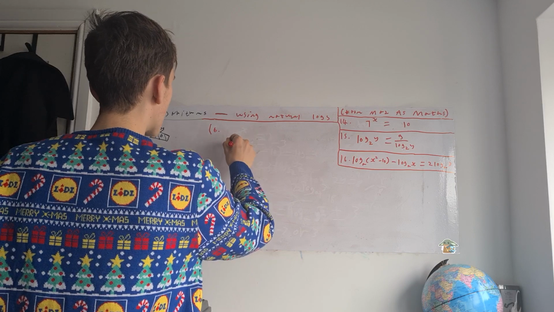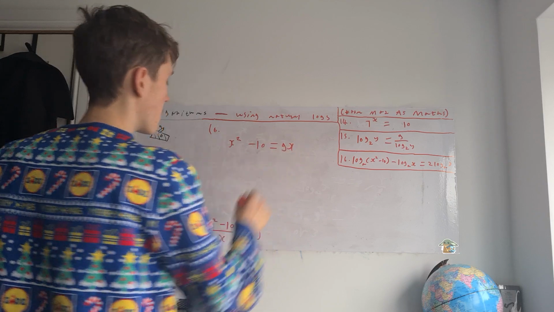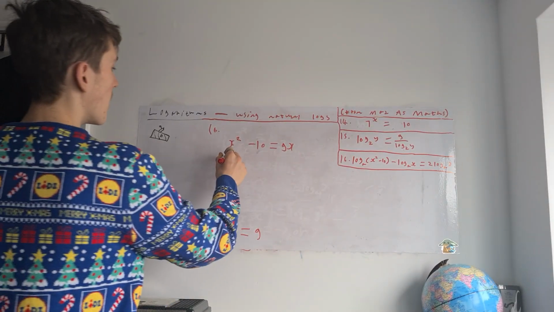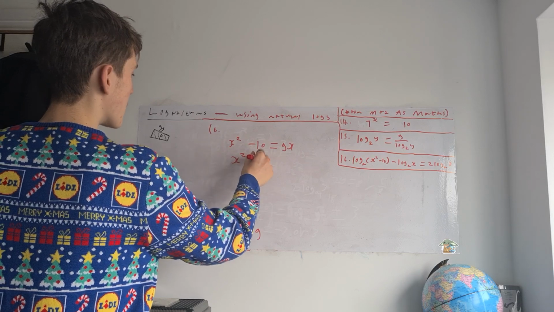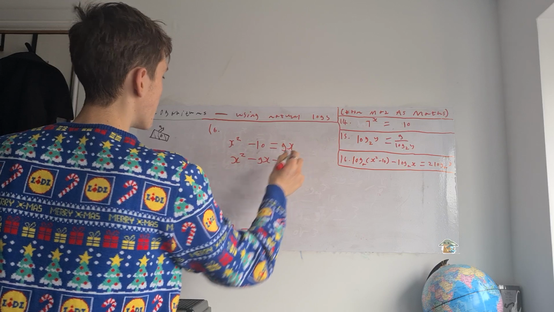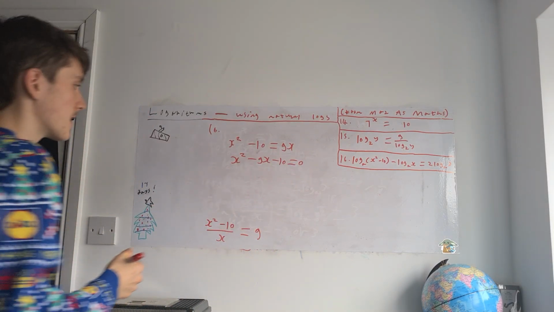Alright, so you get x squared minus 10 equals 9x, because we're multiplying both sides by x to get rid of the denominator. And then you subtract 9x from both sides. x squared minus 9x minus 10 is equal to 0. Okay, it's just any old quadratic.